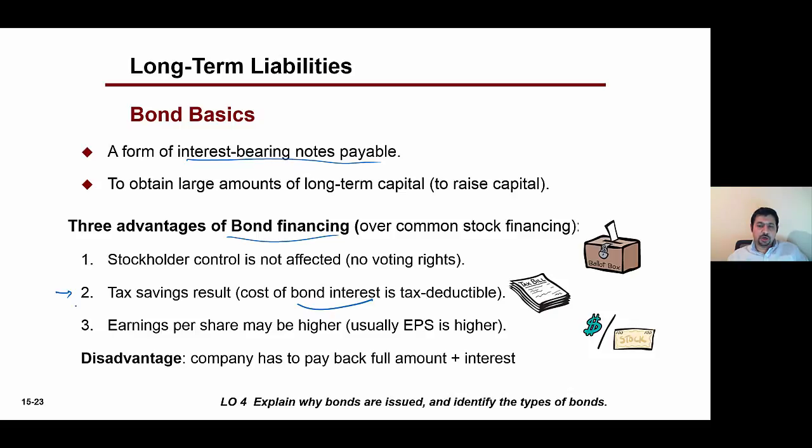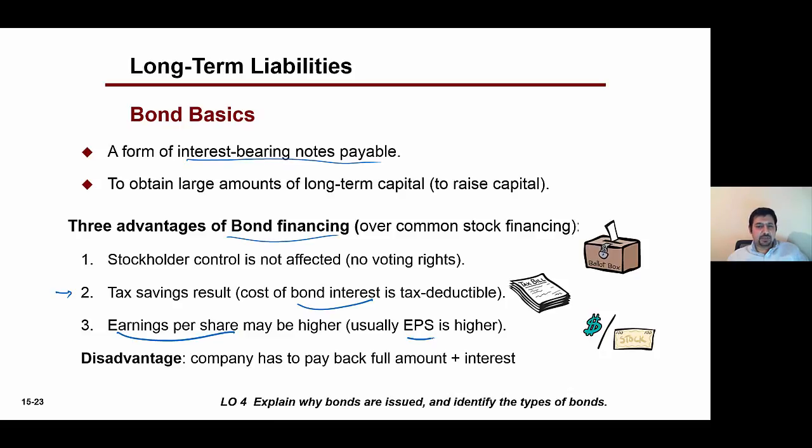As a result, the net income that the company will make after paying all their taxes will be distributed over the same number of shares, so earnings per share, or EPS, might be higher when financing using bonds.